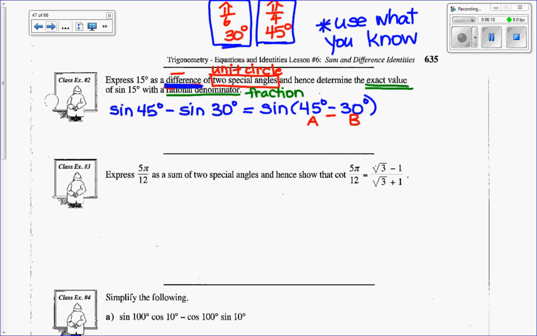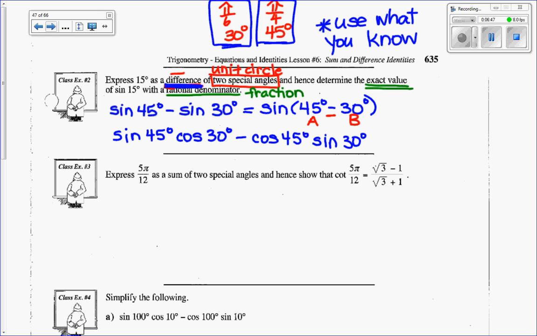Okay, so that is sine A. So that's sine 45 degrees times cos B. So that's cos 30 degrees minus cos A, so cos 45 degrees times sine B, sine 30. Okay, so you see why, if you have them labeled A and B, you won't make mistakes accidentally putting the wrong one in, because it's really easy to do with these.